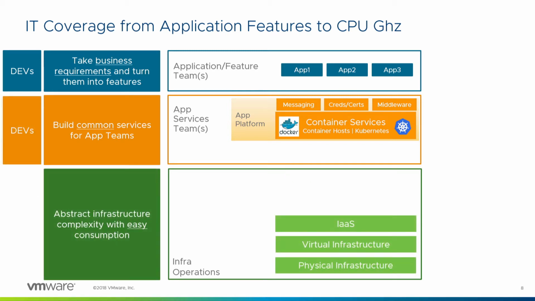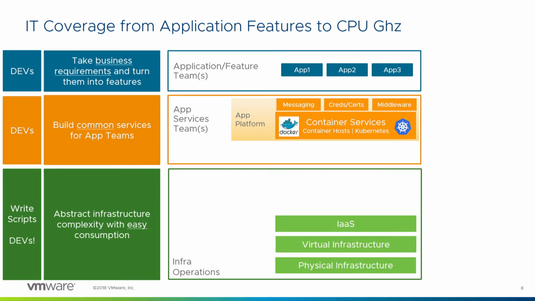Then below them, we've got the infrastructure operations team. So obviously physical infrastructure, virtual, and potentially IaaS. And their whole job is, how do I abstract infrastructure complexity from this application services team so they can build their services? Arguably, they write scripts a lot of the time, PowerShell, you name it.